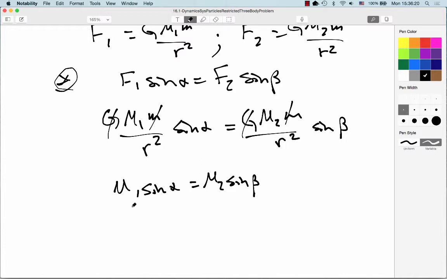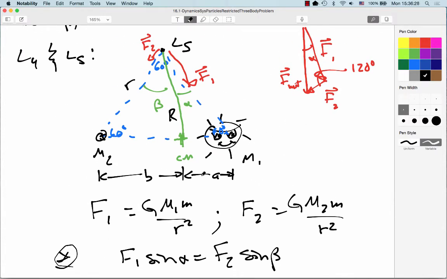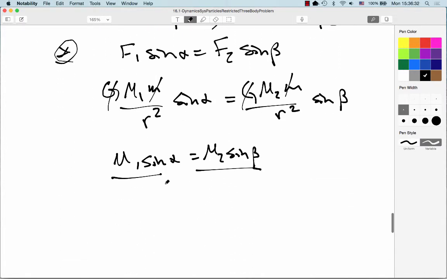Now, in order for the teeter-totter to balance at the center of mass, it has to be the case that m1 times a is equal to m2 times b. So we'll divide through by m1 a, and what that's equal to there, m2 b. Cancel, cancel, cancel.